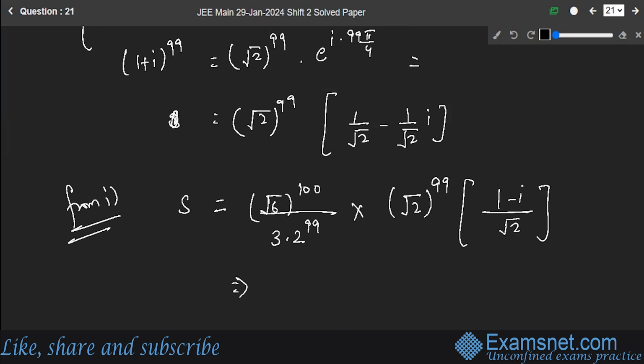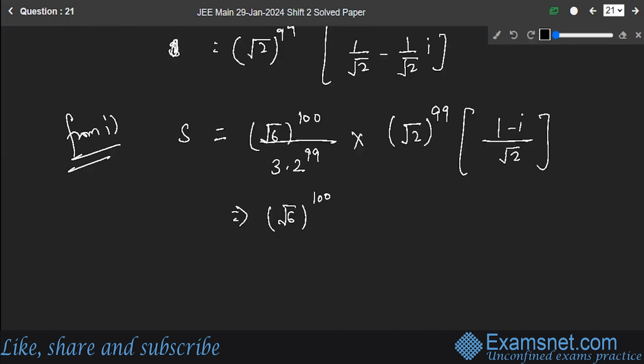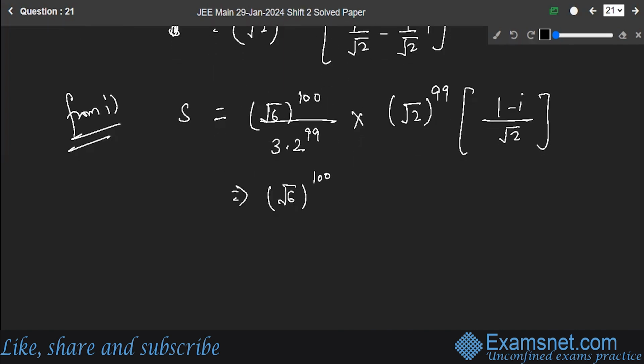Okay, so this makes it root 6 power 100 and this is multiplied by root 2 power 98, and the denominator is 2 power 99 into 3, 1 minus iota.